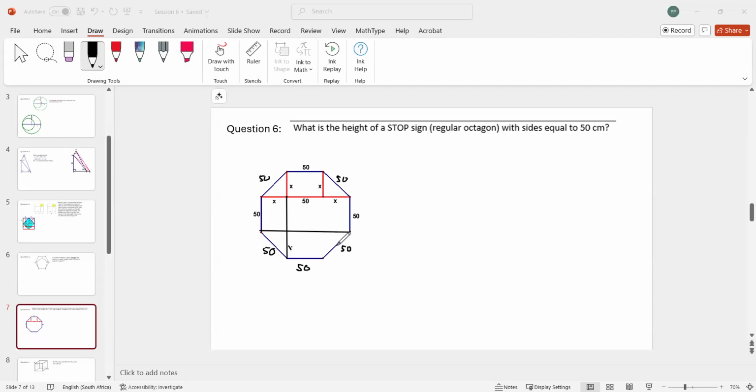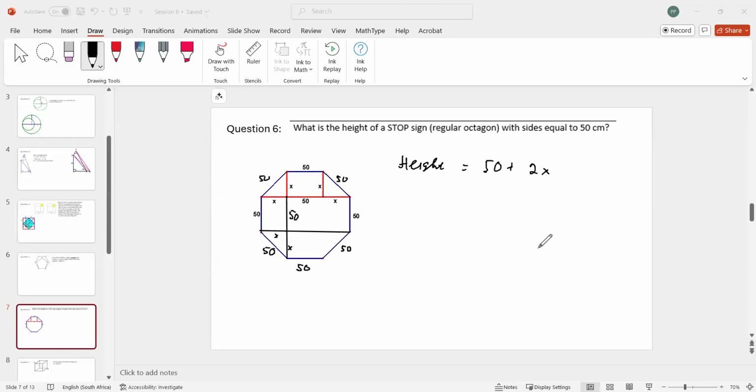So this is also x here. This is x. And this is 50, so this will be 50, because this is a rectangle here. So therefore, the height that we're looking for is equal to this entire thing: 50 plus x plus x.